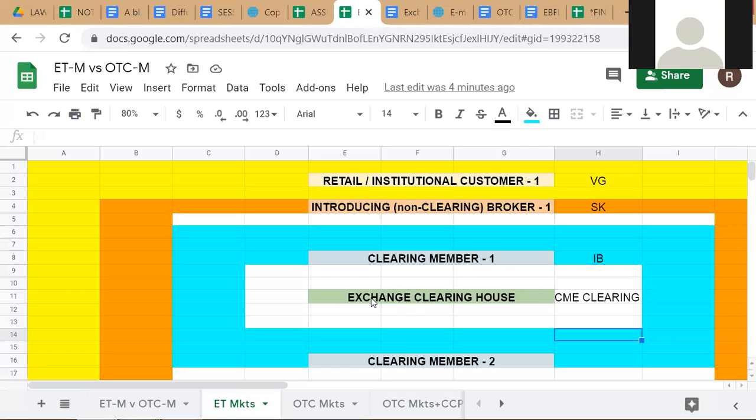Okay, so the status of a clearing member comes from basically having accounts with the exchange clearinghouse. Every clearing member has an account with the exchange clearinghouse. You can think of this system as very similar to the central banking system that you have in most modern economies. You would have the central bank, like the Reserve Bank of India or the Federal Reserve.